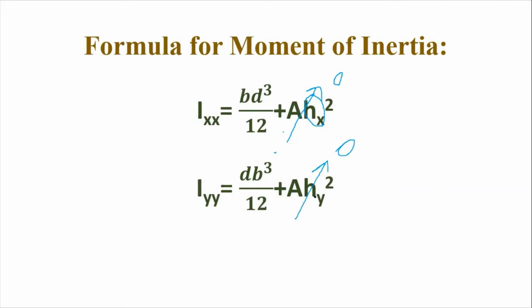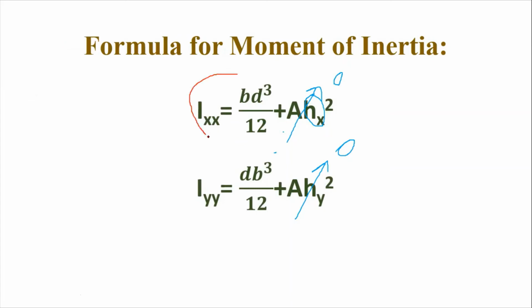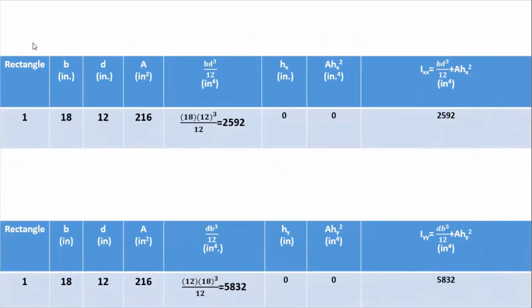When we multiply area with 0, it will become 0. So we are left only with Ixx equals b d cube upon 12 and Iyy equals d b cube upon 12. This term will become 0 only for a rectangular cross section like this.